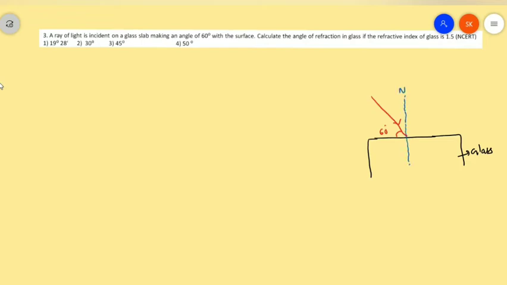This is the normal which makes 90 degree with the surface, and this is 60, so this will automatically be 30 degree, right? This incident light ray makes 30 degree with the normal. That's why we have to take angle of incidence as 30 degree. The given 60 degree is not the angle of incidence. Angle of incidence is the angle between the incident light ray and the normal drawn.